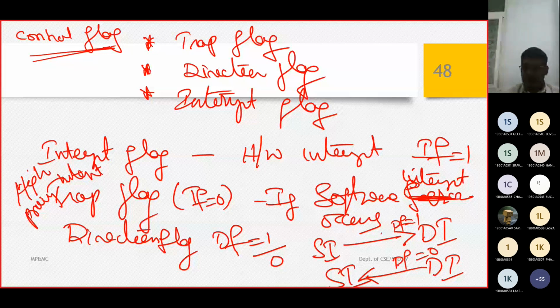The next thing was regarding the direction flag. Bits can move from one location to another location. If bits are moving from left side to right side, then direction flag is 0. If bits are moving from right hand side to left hand side, then direction flag is equal to 1.